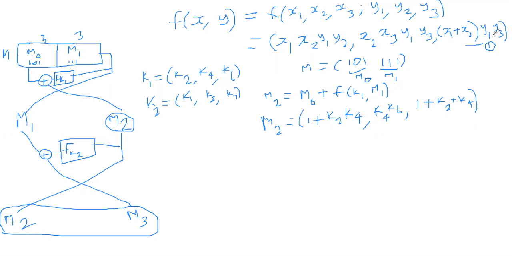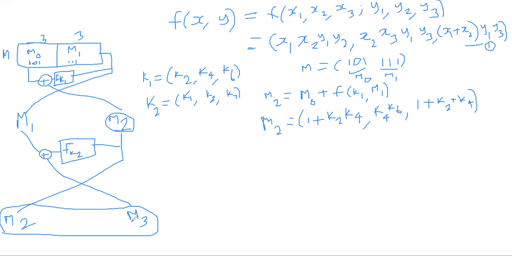This is modular arithmetic, by the way. And here x1 plus x2. What is x1 plus x2? x1 means k2, x2 means k4. We add and then do a mod 2, so the answer is always either 0 or 1. That's basically M2. And if we continue like this, we will do now for M3.